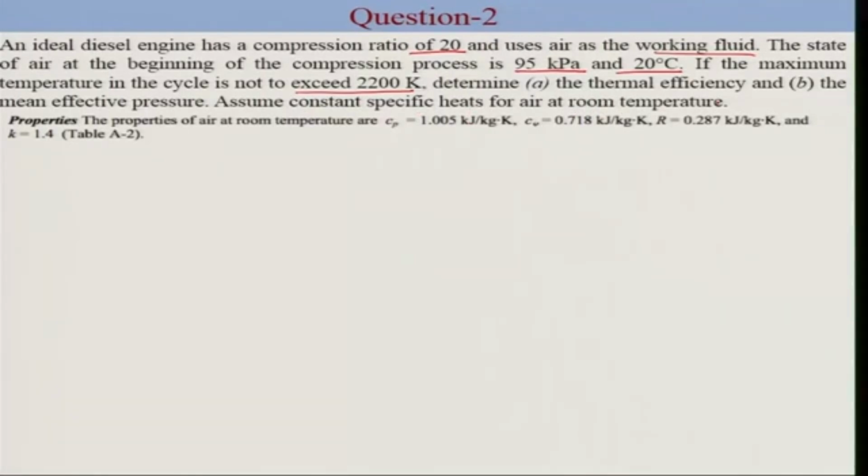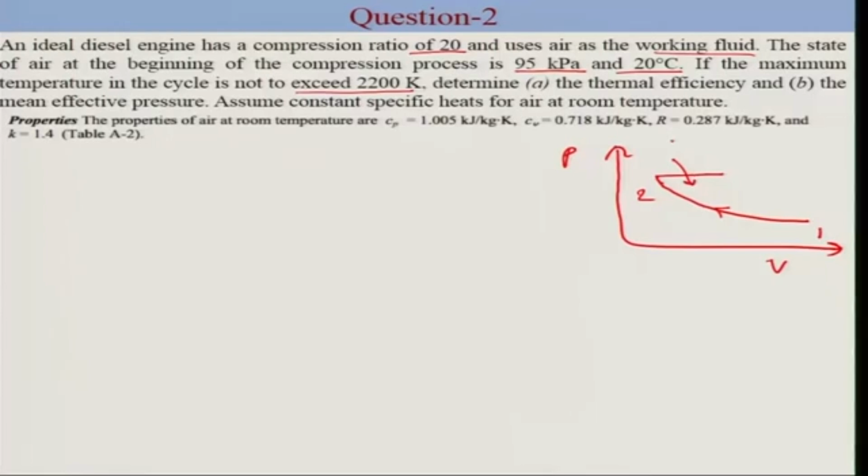So this is an ideal diesel engine. If we see the cycle on a PV diagram, the first process will be isentropic compression from state 1 to state 2. Then heat is added in this cycle at constant pressure.